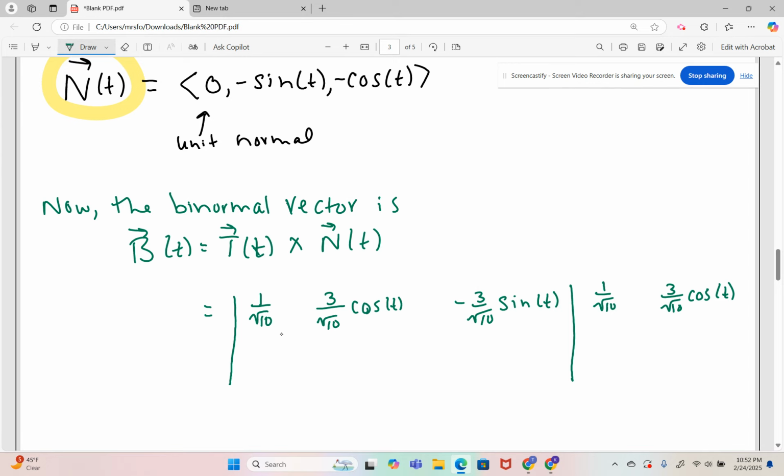And so then we had 0, negative sine t, negative cosine t, 0, negative sine t. Okay, so let me go slow so I don't make an error.